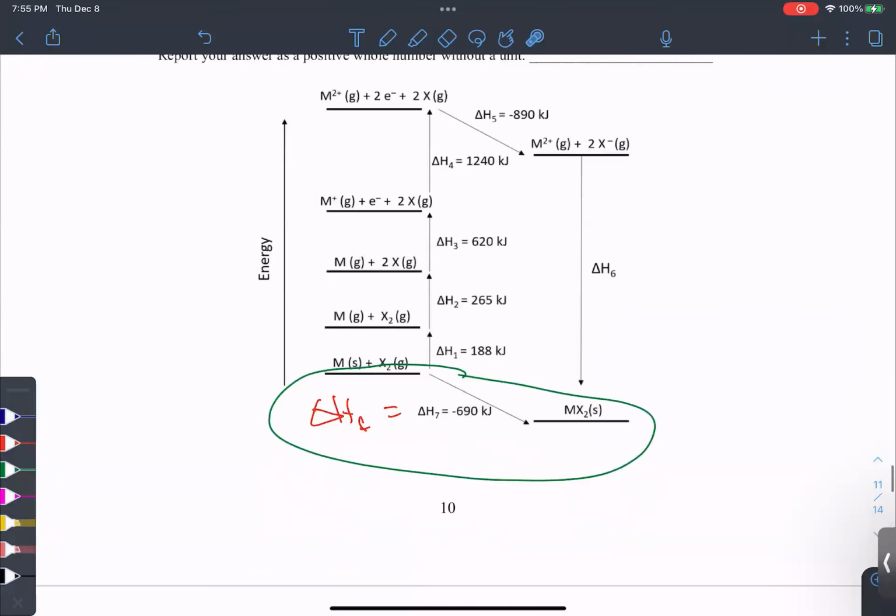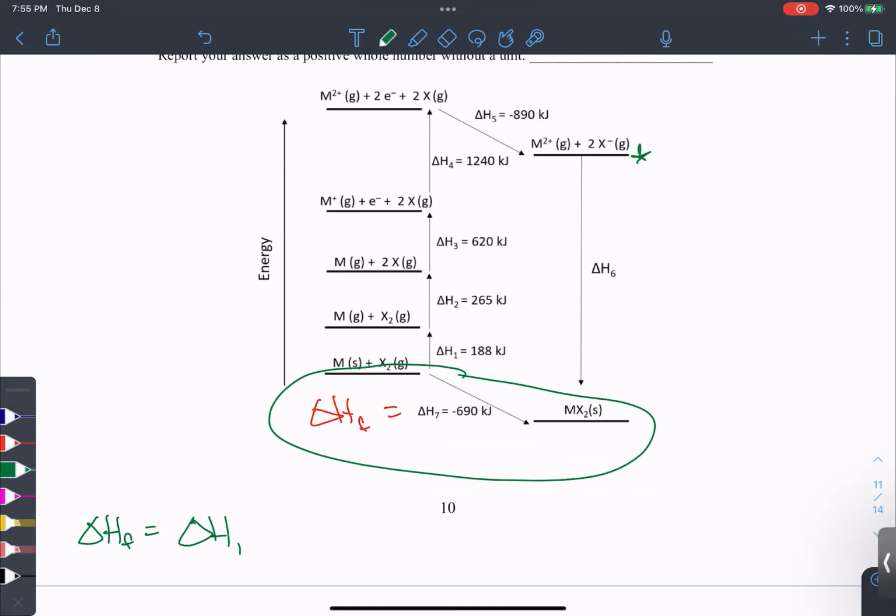So how to put this together is you say that first formation step is equal to the sum of all of the steps until you get to the very last step. What is the very last step of the Born-Haber cycle? It's the lattice energy.